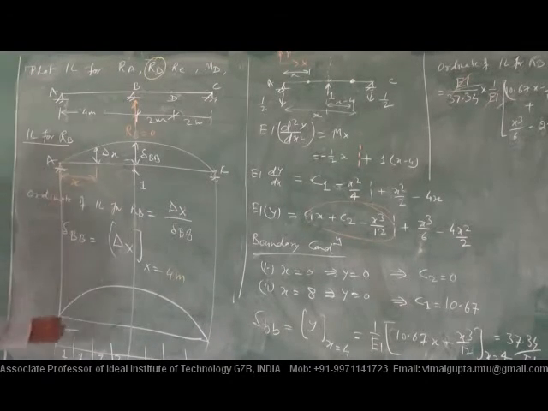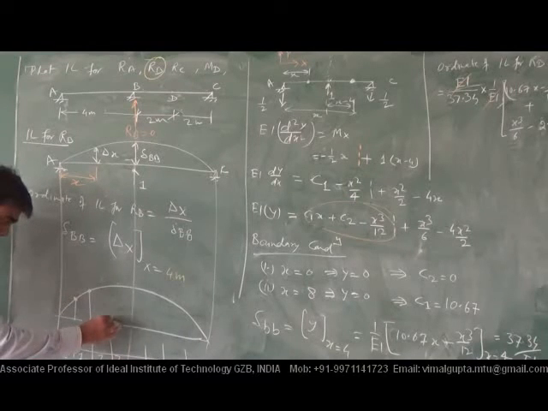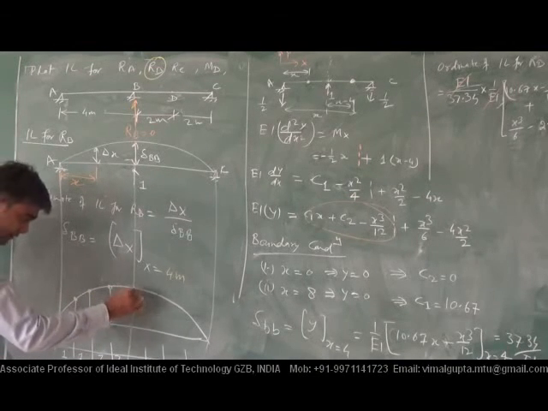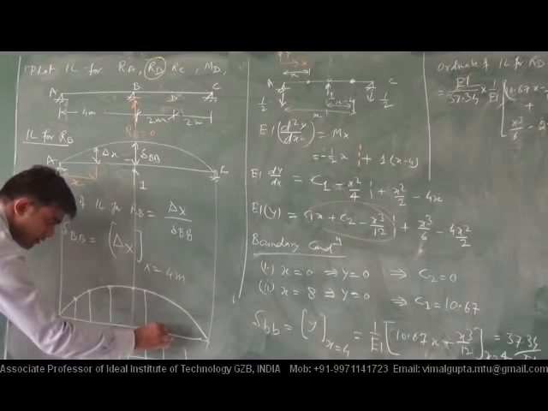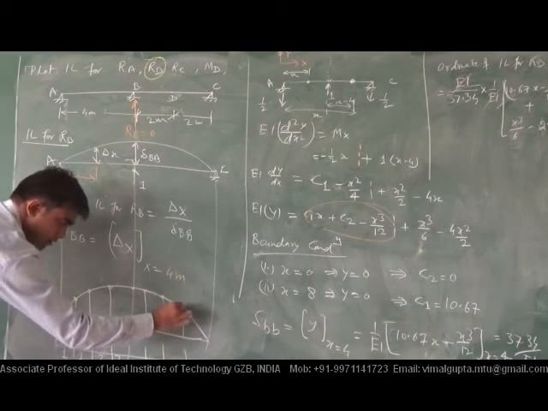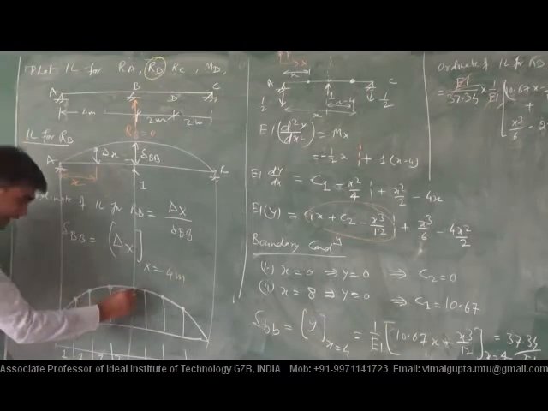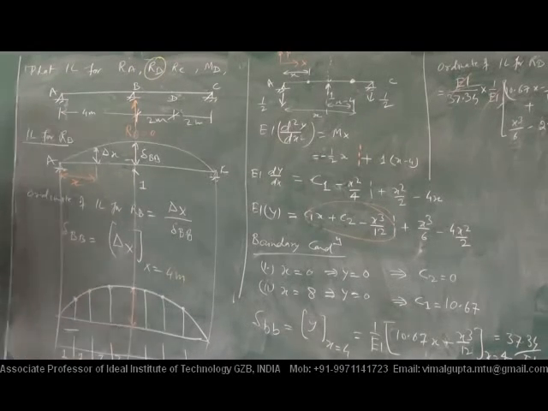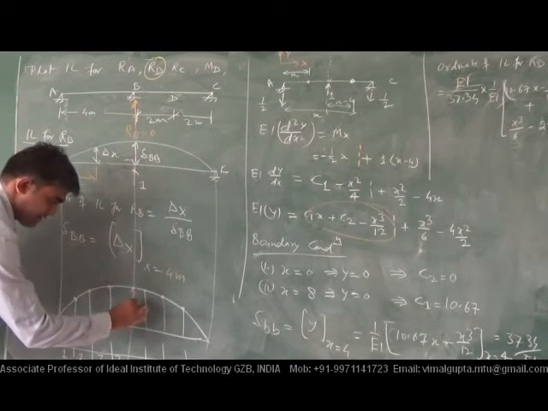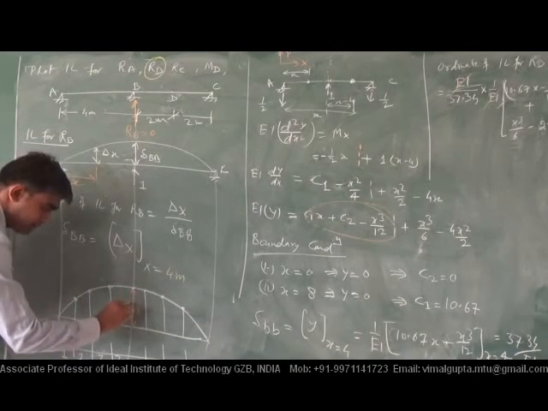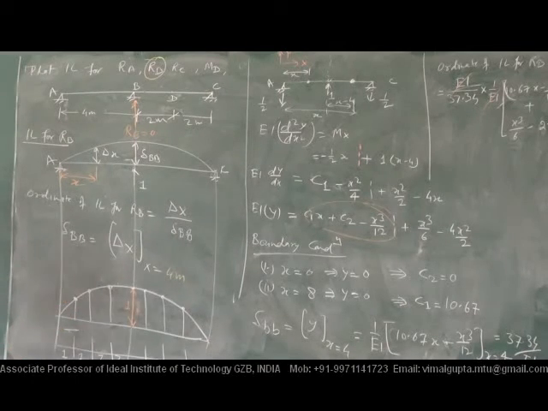It is required to find this ordinate, this ordinate. Out of these, that ordinate is known to me. What is that value? That value will be 1.